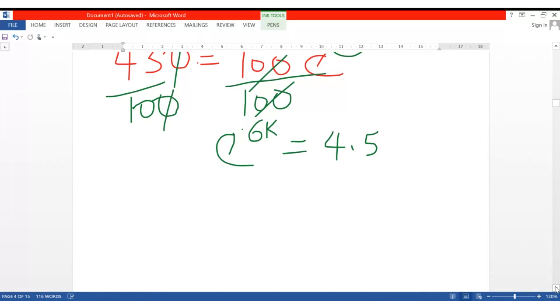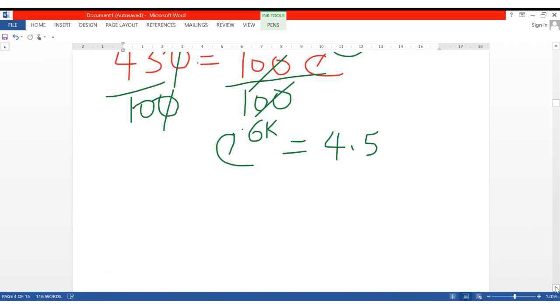Do you guess values until you get 4.5? No. If you want to bring that 6k down, you remember the relationship between ln and exponential. When you have exponential, when something is up in the power, you can introduce ln on both sides, and you can remove the 6k.